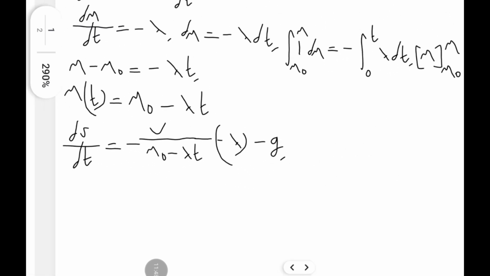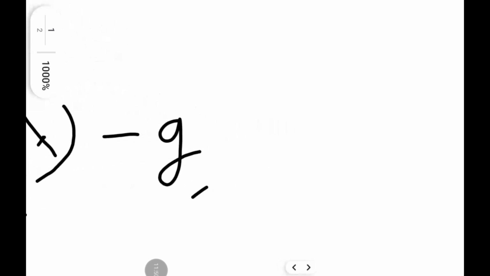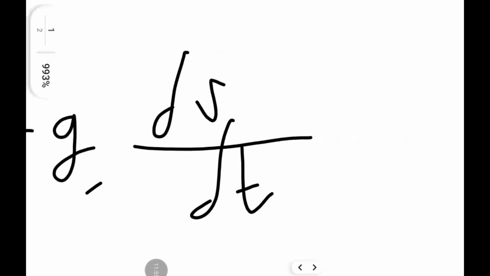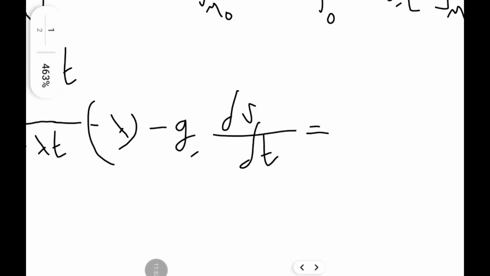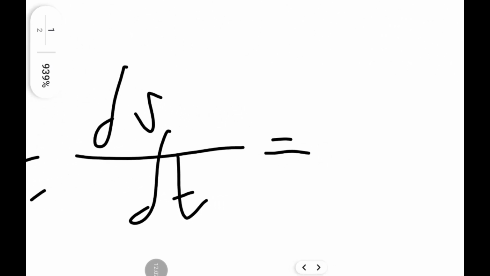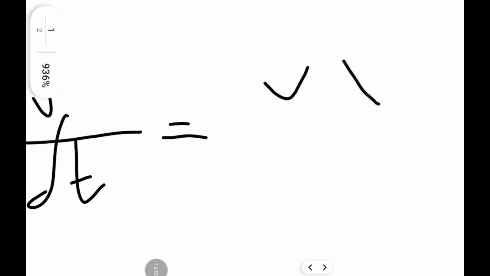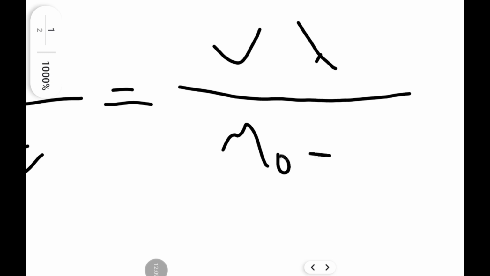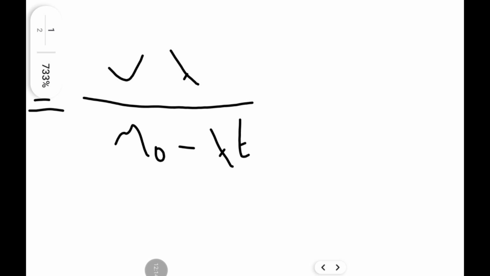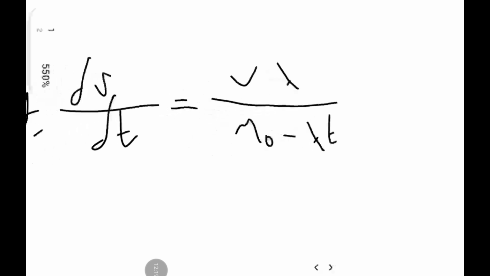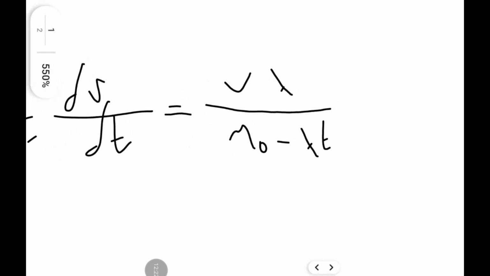This can be written out into the final form as dv by dt is equal to u times lambda over m0 minus lambda t, because it's times lambda, and then minus g.